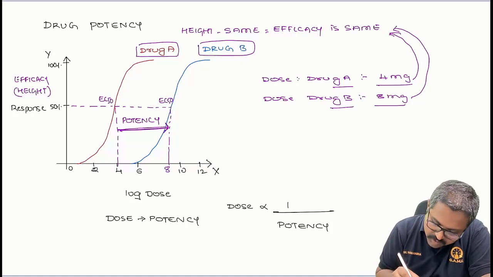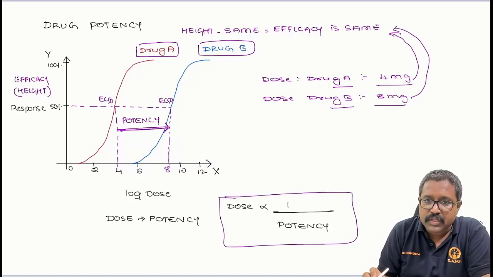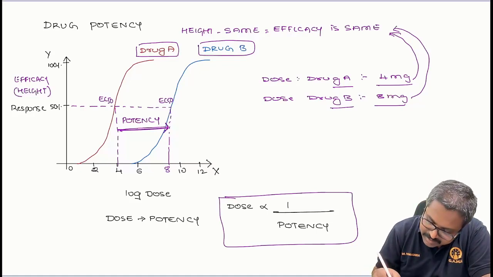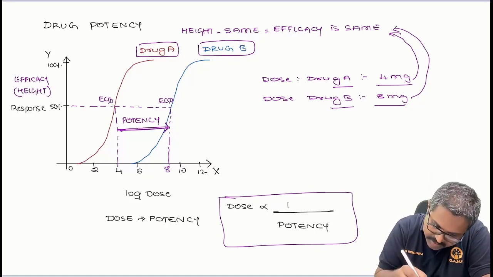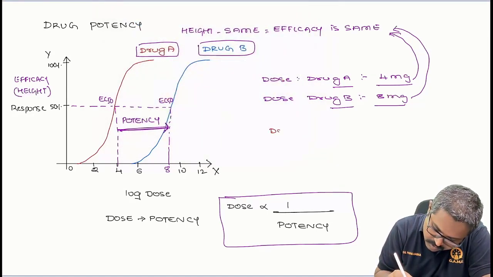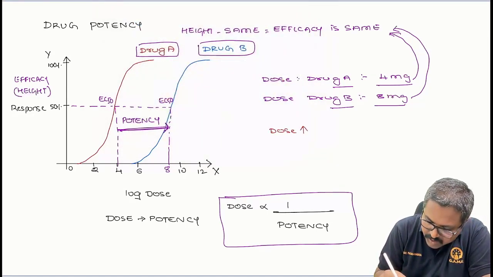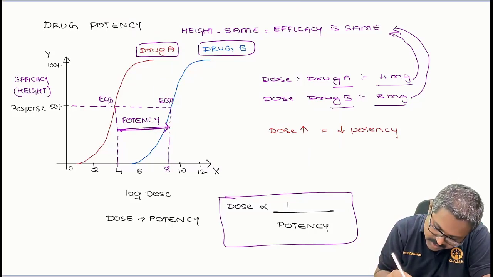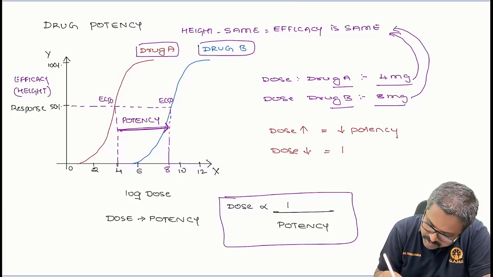So what was the formula we arrived at in the beginning? The dose is inversely proportional to the potency. That means if the dose increases, what happens to the potency? Potency will decrease. If the dose is reduced, what will happen to the potency?